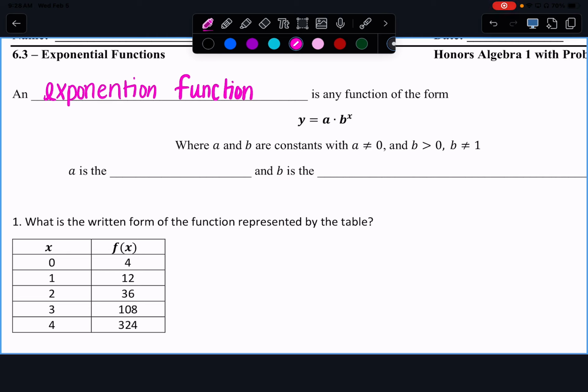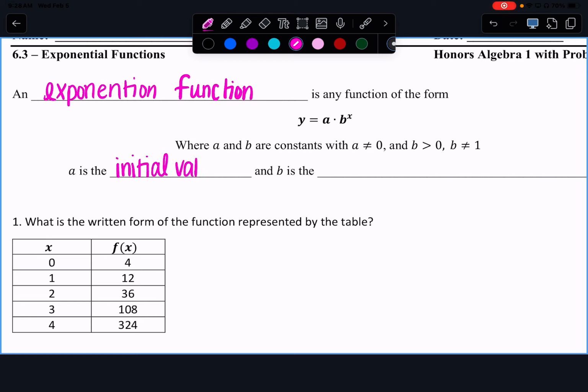Where a and b are constants, a cannot equal 0, b has to be positive, and b cannot equal 1. Y'all, please stop talking. So a is the initial value. When I say initial value, we are actually talking about the y-intercept, because we're talking about whatever the output is when we input 0.